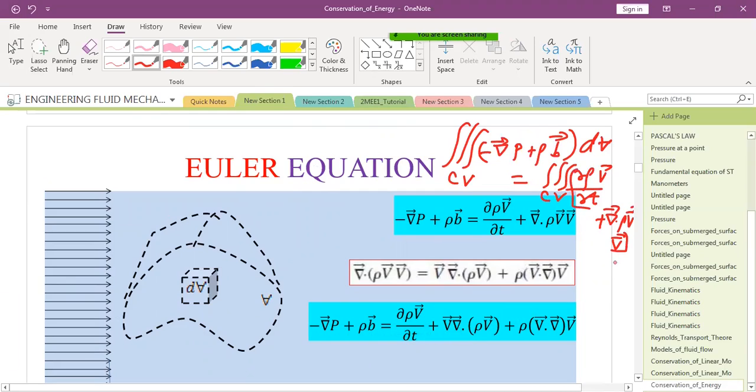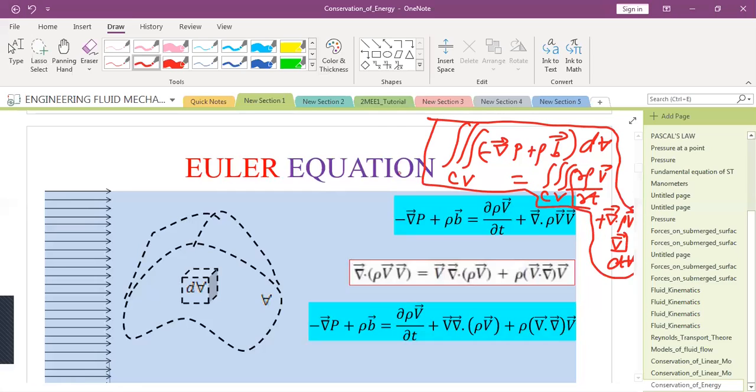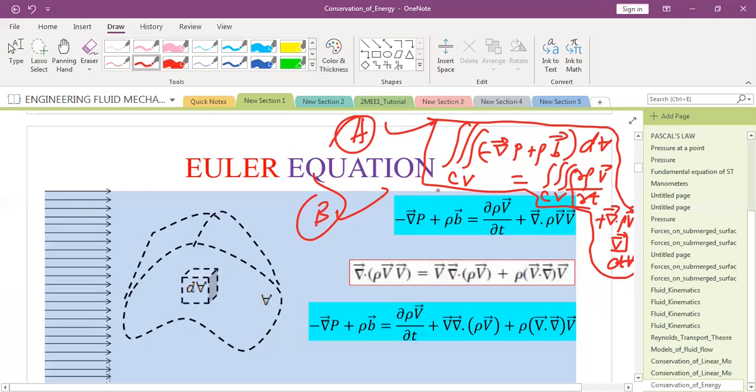So what do you think is the difference in this red equation, this equation, and this equation? What is the difference between the A and B equations? Anyone? What do you see?